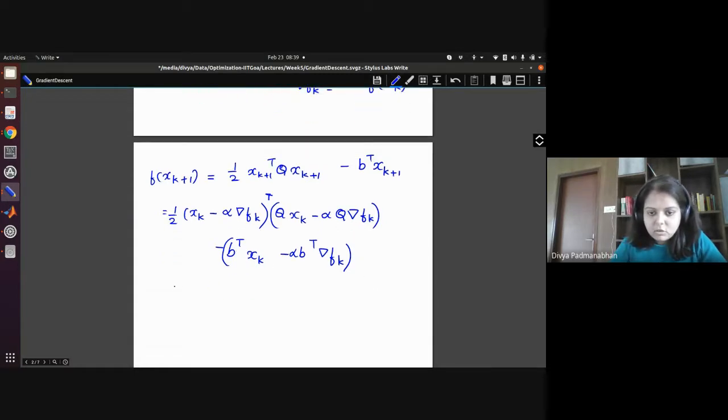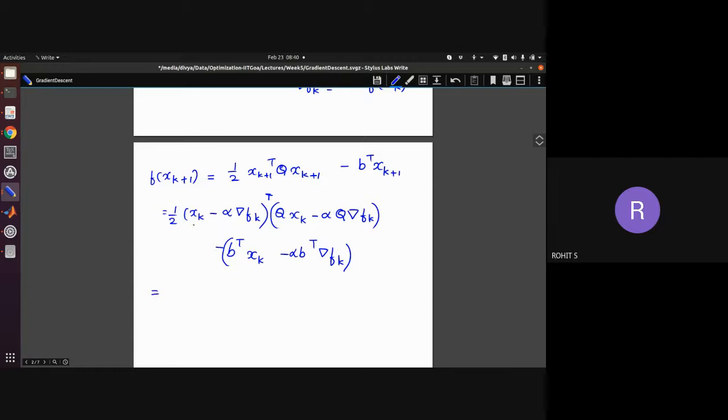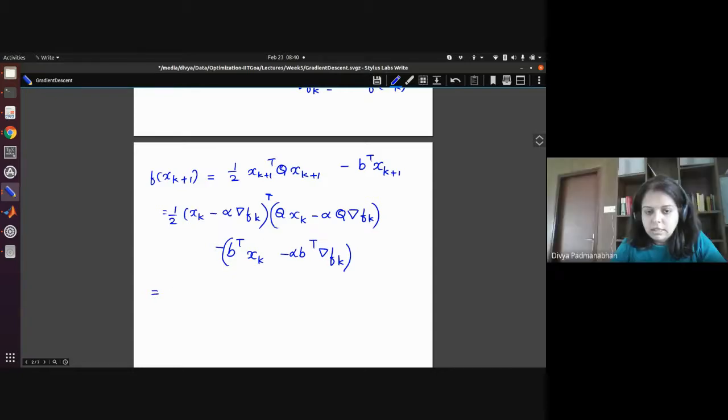Now just expanding this, can someone tell me? We get x_k transpose Q x_k, half of this. Since these are vectors, we don't call it square.